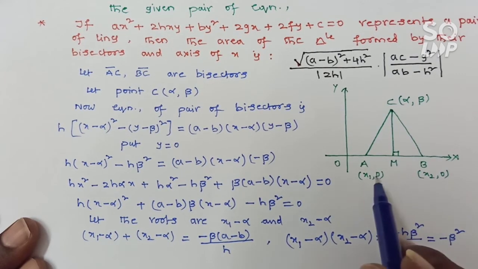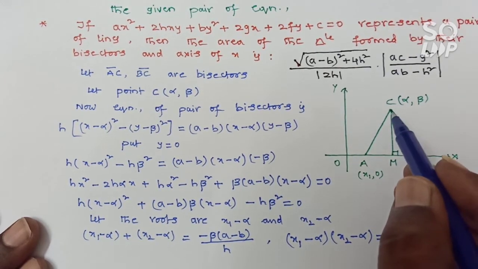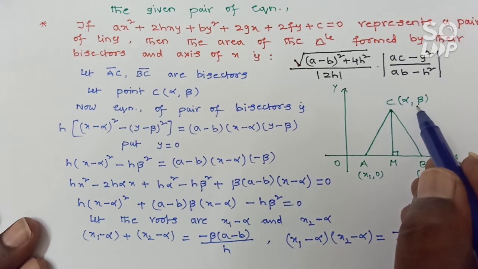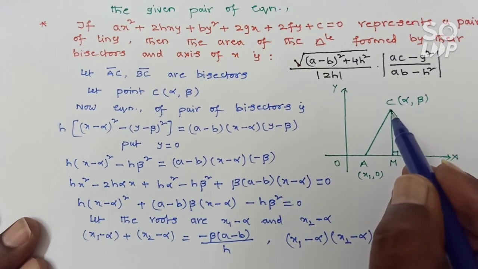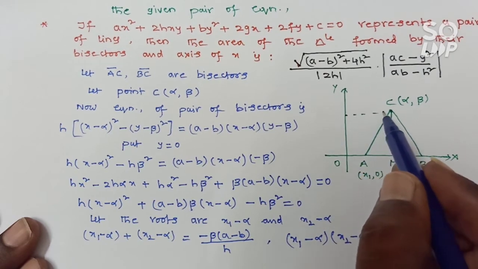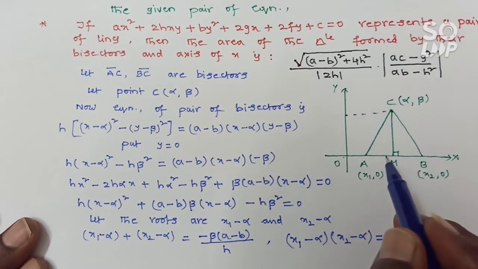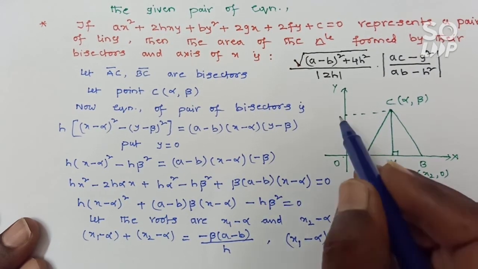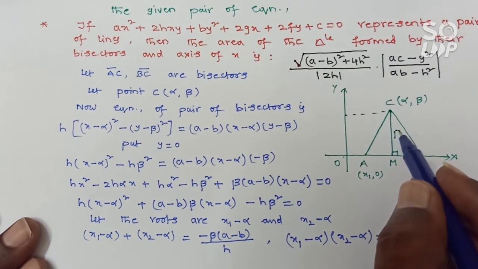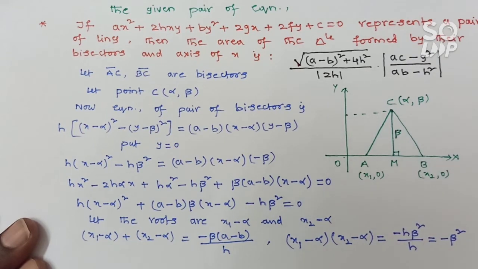Height is nothing but this value. CM value will be nothing but beta. So why is it beta? Suppose if you join this one, OM is alpha and this one is beta. So here the height is nothing but beta.